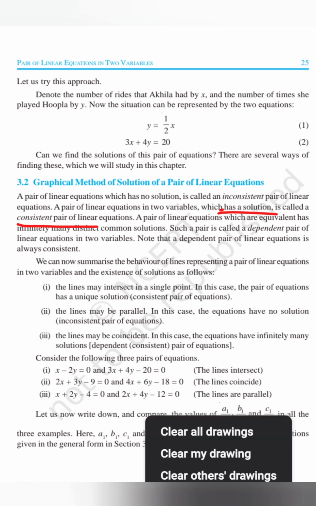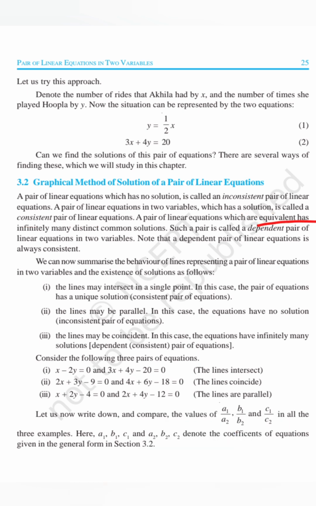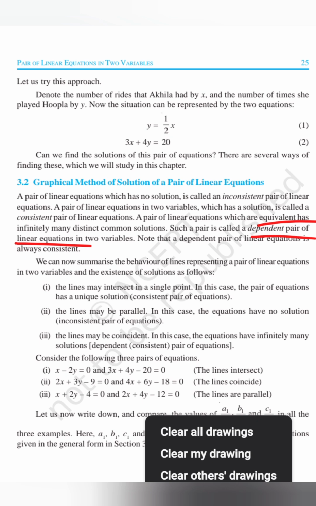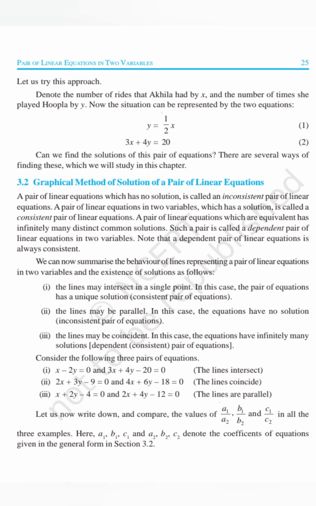A pair of linear equations which are equivalent and have infinitely many common solutions is called a dependent pair of linear equations. A dependent pair is always consistent because it has many solutions. If you have one solution, that is also consistent. If you have no solution, that is inconsistent.